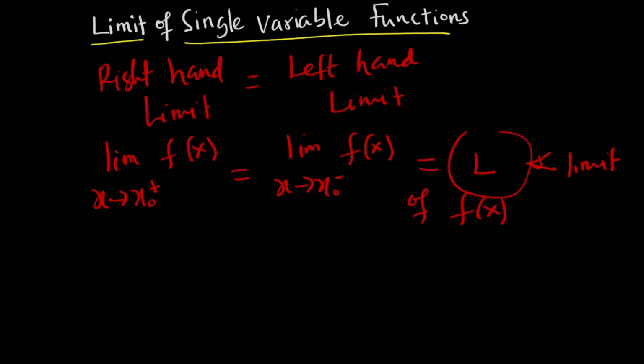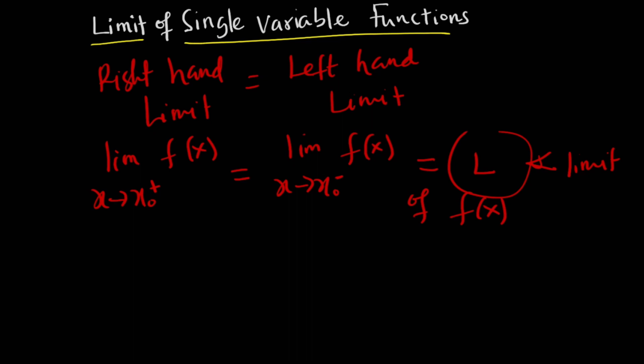Now we should know that if the left hand limit is not equal to the right hand limit, then the function does not have a limit as x approaches that value x naught. That's the concept. So either it has a limit as you approach that value, or it doesn't have a limit. And for it to have a limit as you approach that value, the left hand limit should be equal to the right hand limit.